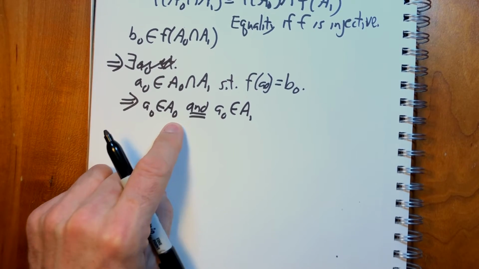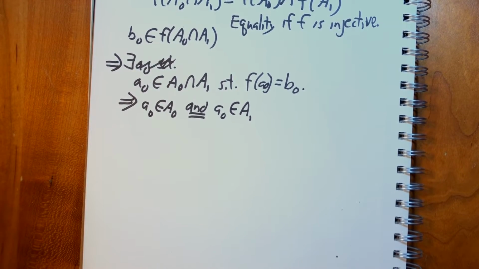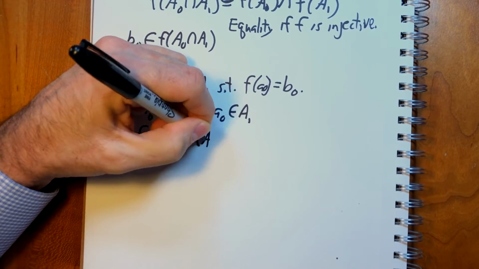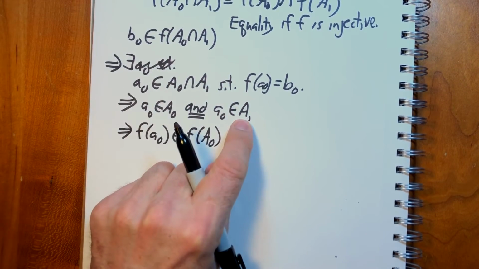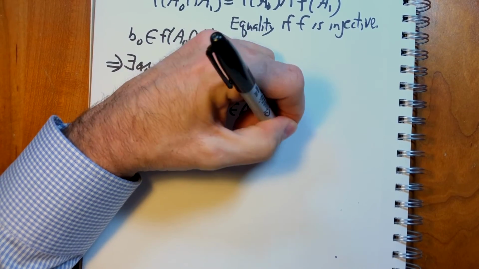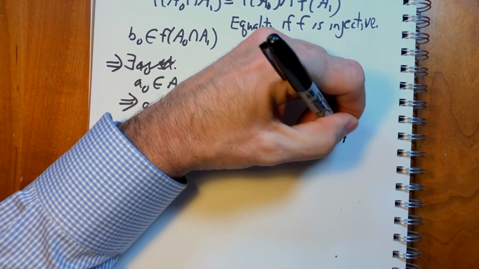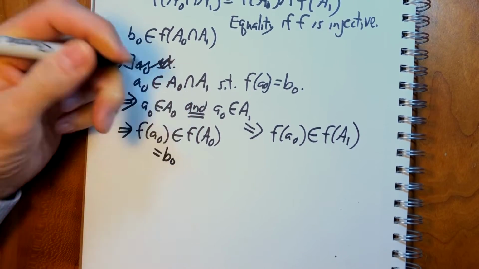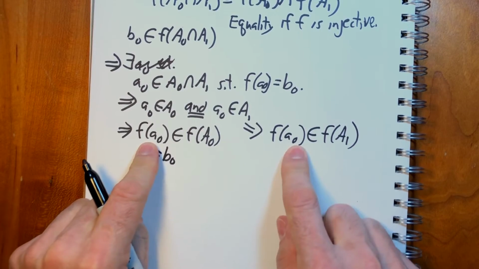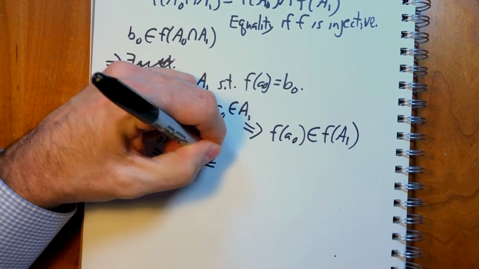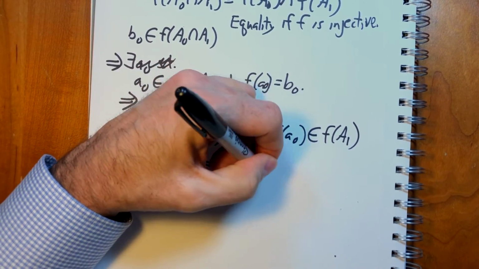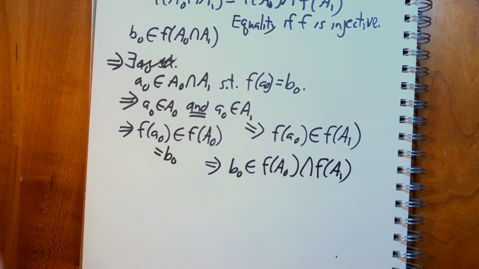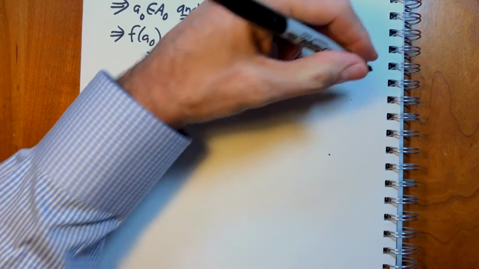Now, a0 inside the subset A0 means that f of a0 is inside the image of the subset A0. And a0 inside A1 means that f of a0 is an element of the image of A1. Remember that this equals b0, so if it's in both of them, it's in the intersection. Therefore, b0 is an element of the intersection of the image of A0 and the image of A1. Okay, that part's easy, that part's good.